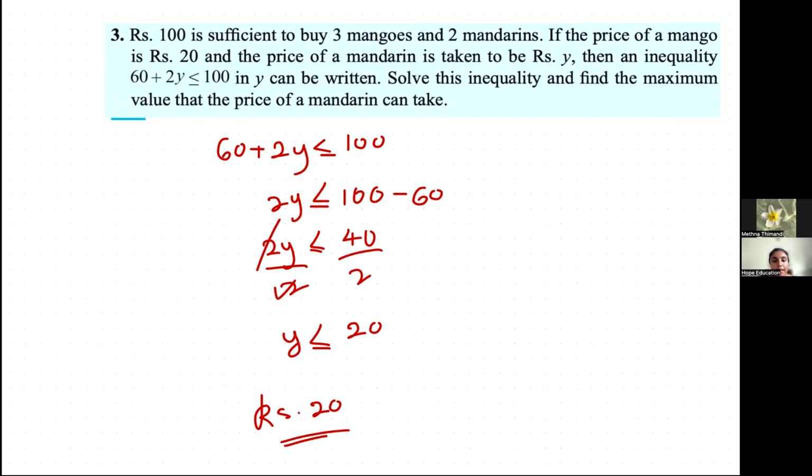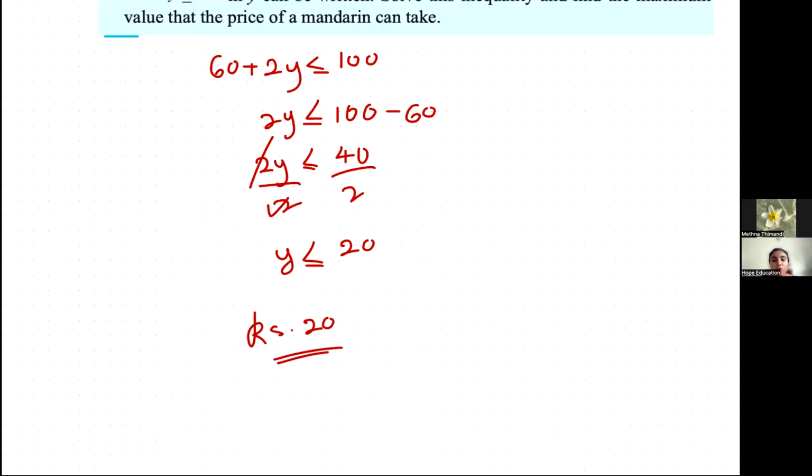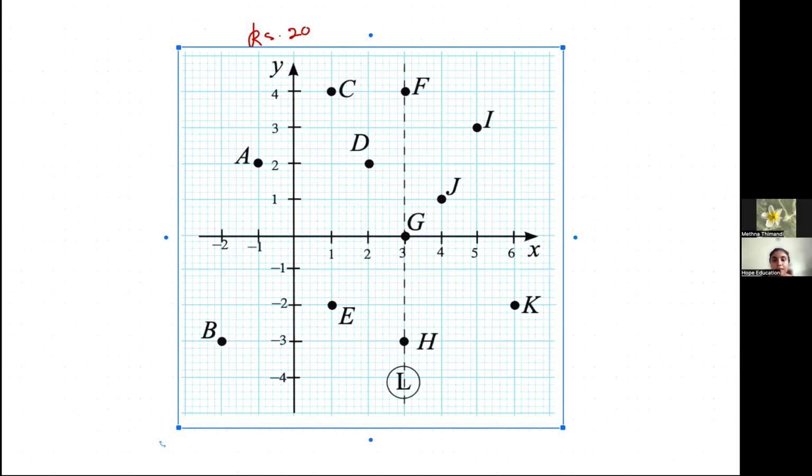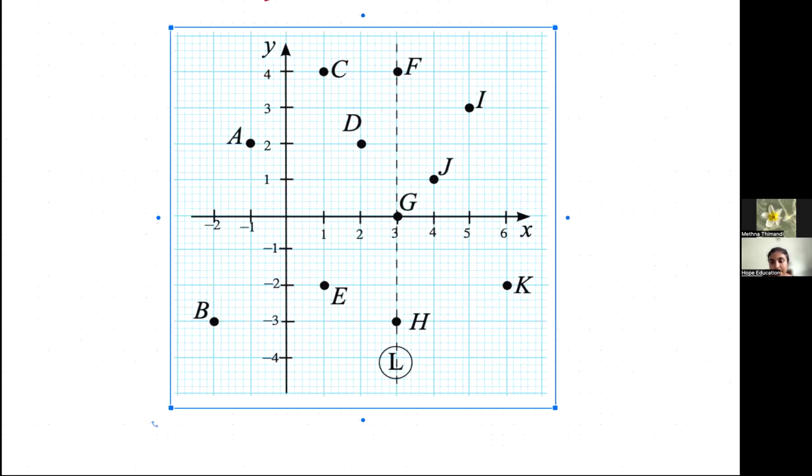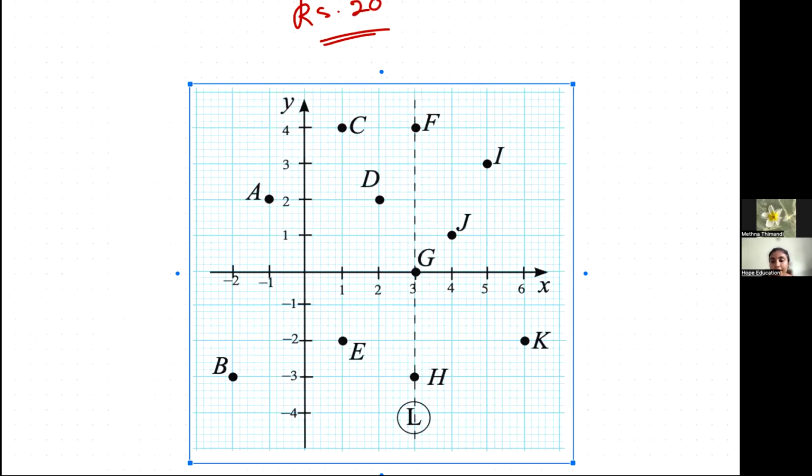Okay. Then we'll move on to a new section, right? Now this Cartesian plane, grade 9, you guys have learned this already. This is a Cartesian plane, right? Basically a number line, but in both directions. The x and y axes are number lines.